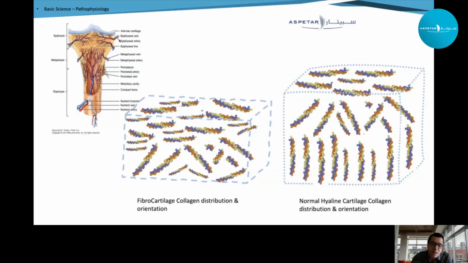But the difference is that the orientation and distribution of collagen inside the fibrocartilage is not exactly the same as the normal one in this part of the slide, compared to this one, which is the fibrocartilage, and this tissue cannot withstand for long-standing periods the loads that the normal hyaline cartilage can stand.